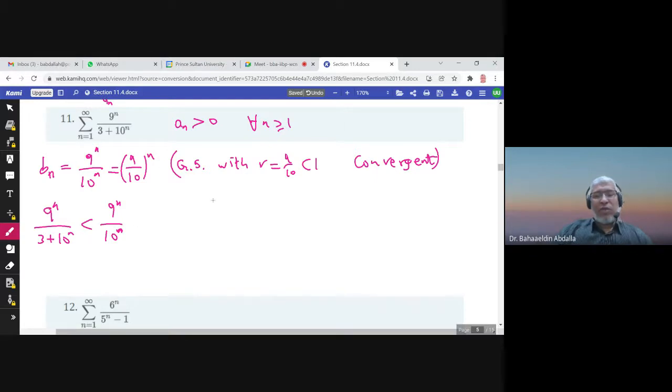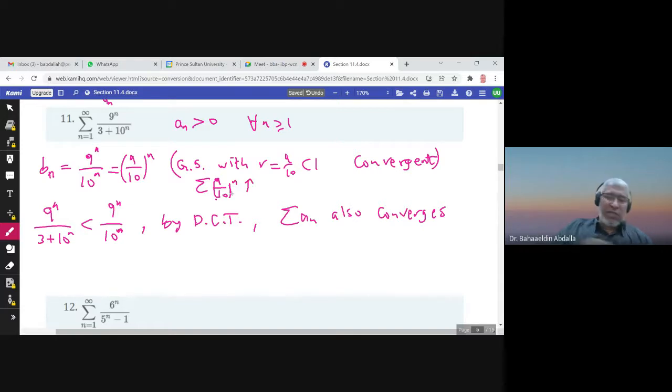So the summation is (9/10) to the power n. So by the direct comparison test, the summation of a_n also converges. You can say that the summation of (9/10) to the power n is a geometric series.